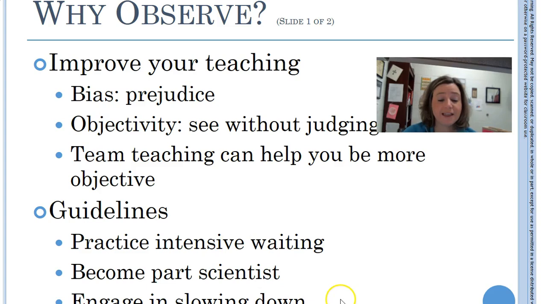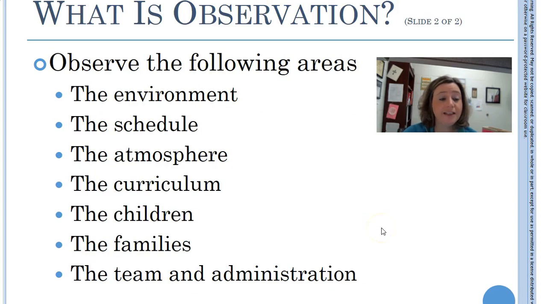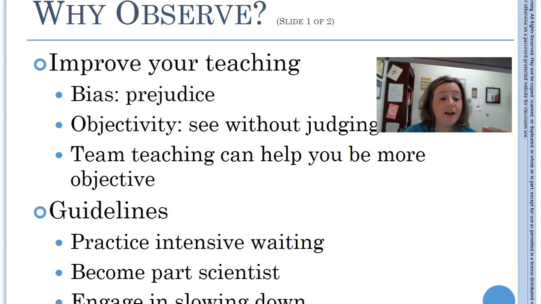So a few guidelines to consider is to make sure that we are practicing intensive waiting. What that means is that we're not immediately jumping to conclusions, that we are taking our time as we are watching events unfold in the classroom, trying to stay away from those snap judgments.